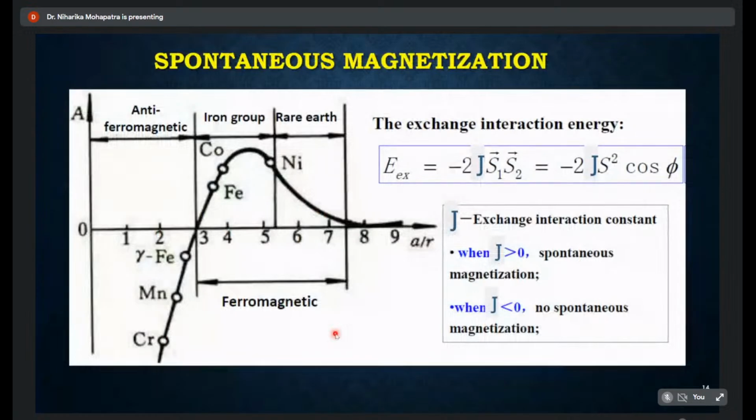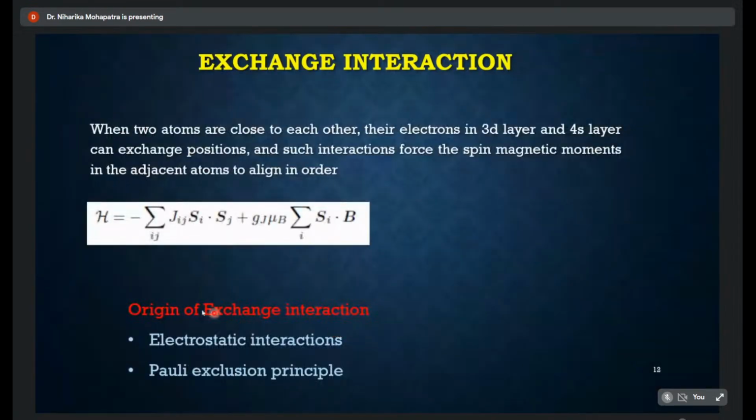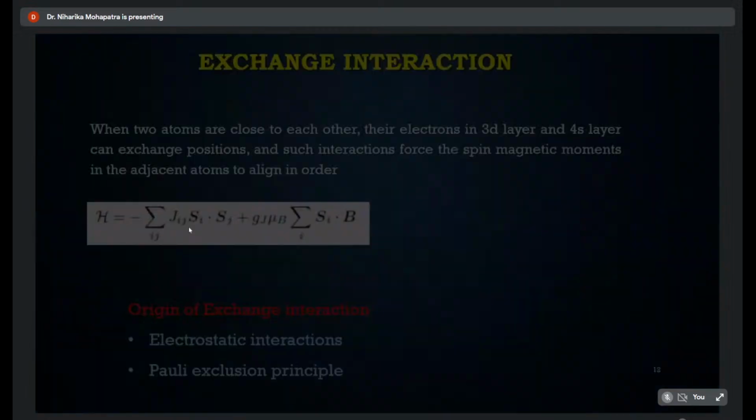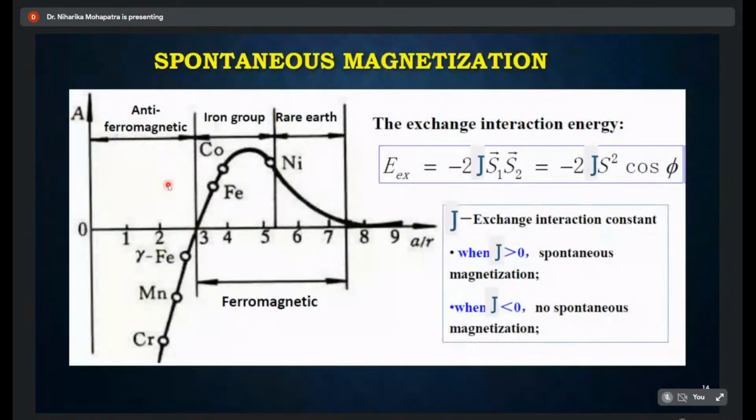Now depending on whether the interaction is positive, and interaction means this particular term Jij. This Jij represents the exchange interaction strength between the spins Si and Sj. Whether this J is positive or negative, depending on that, the interaction between the two ions can be ferromagnetic or antiferromagnetic.